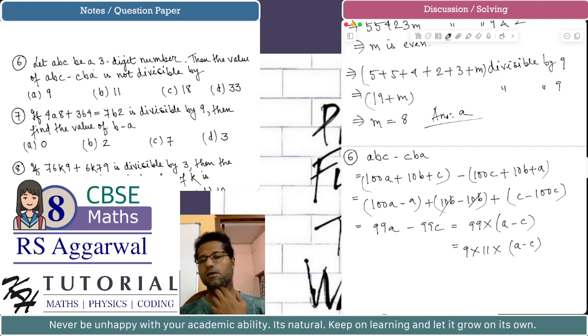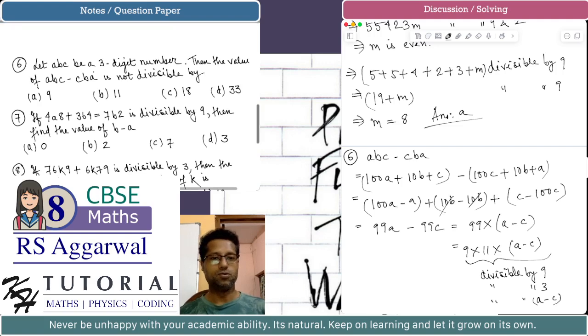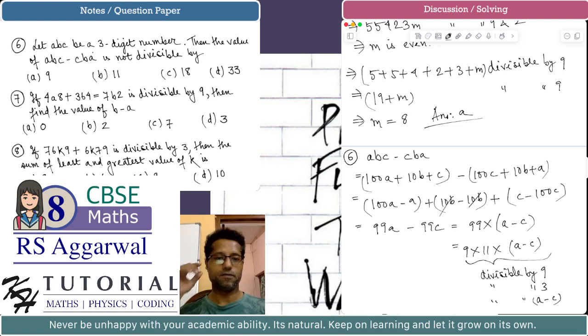So the value ABC minus CBA, which is equal to 9 into 11 into A minus C, is divisible by 9, by 3, and also by A minus C. We have to choose the choice where the value of ABC minus CBA is not divisible by.